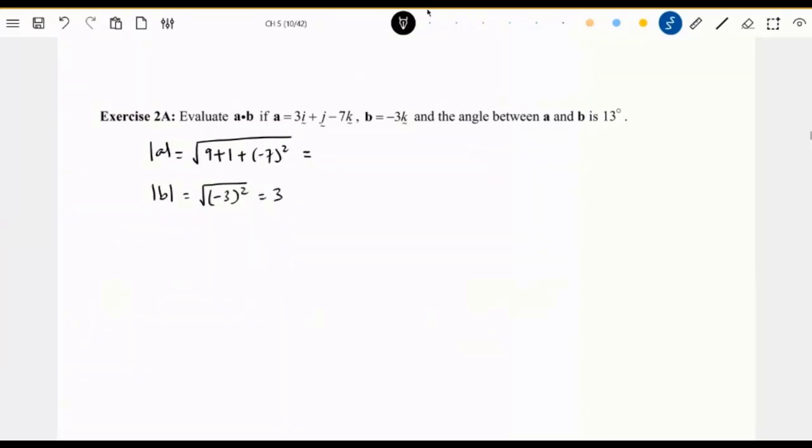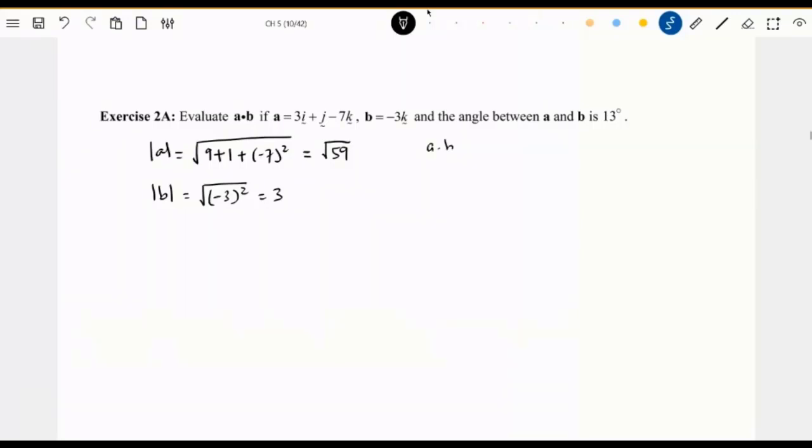Square root of 59. Okay, so we have the magnitude of A and B.